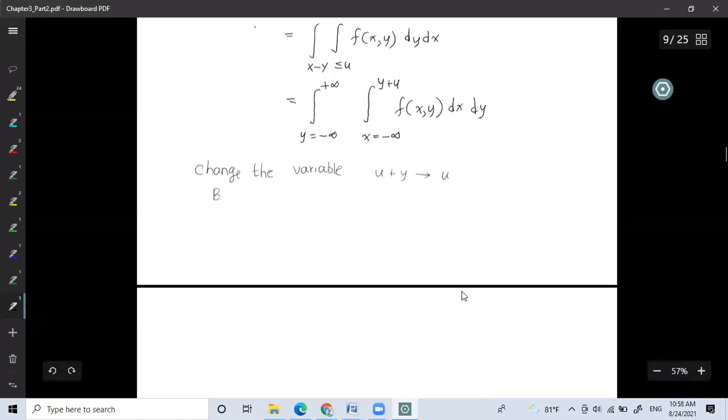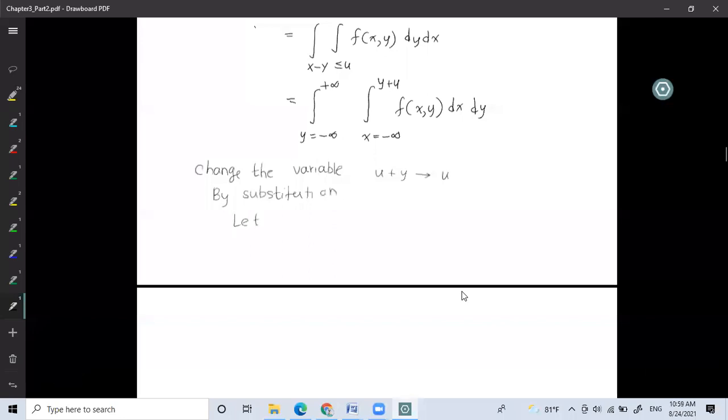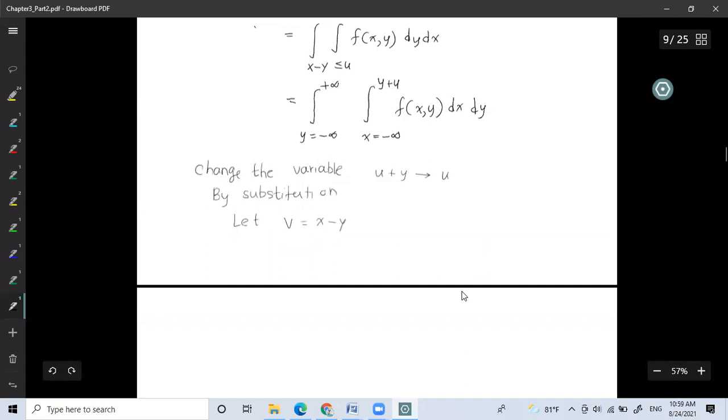So we do the substitution. I'm going to let v be x minus y, because we have a plus sign here and in order to cancel it out, we take x minus y.